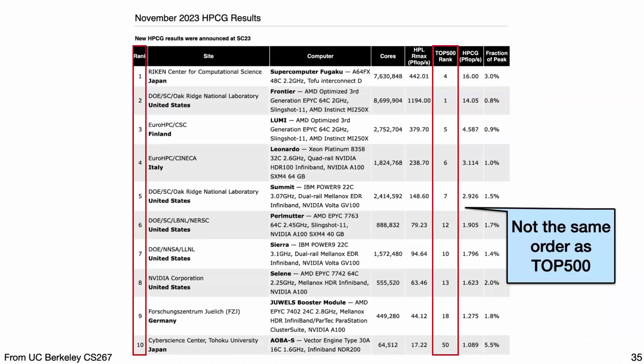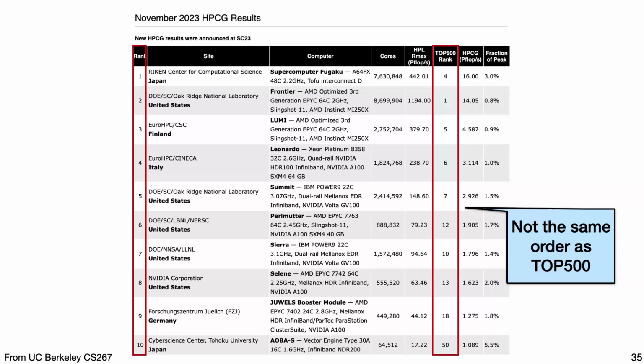This is from a couple years ago, from 2023, the results on HPCG. They just ran the problems and ranked how fast these supercomputers can run them. One interesting thing is that the order they come in, 1, 2, 3, 4, 5, is different from the order in the TOP500. They put the TOP500 rank here.